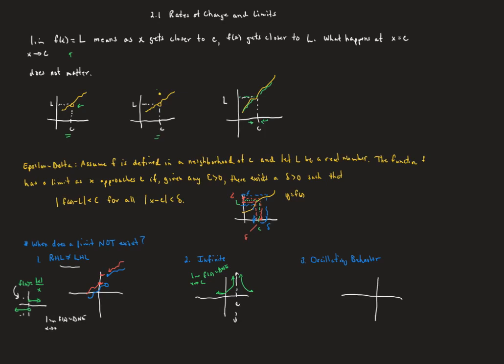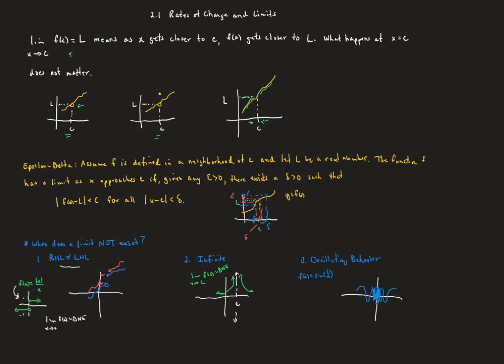Another example of one where it doesn't exist, and it's hard to come up with too many different ones where this kind of thing happens, but our classic example is sine of 1 over x. So what happens here is as you approach 0, this thing just starts to go crazy, and likewise as you come into 0 from the left.